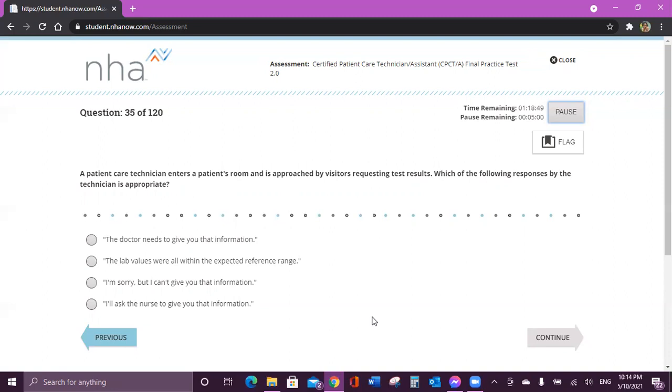A patient care technician enters a patient room and is approached by a visitor asking about the lab results. Which of the following responses by the technician is appropriate? The doctor needs to give you the information.